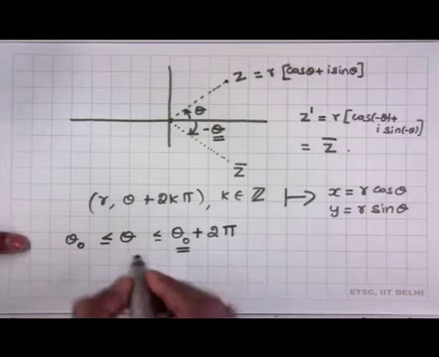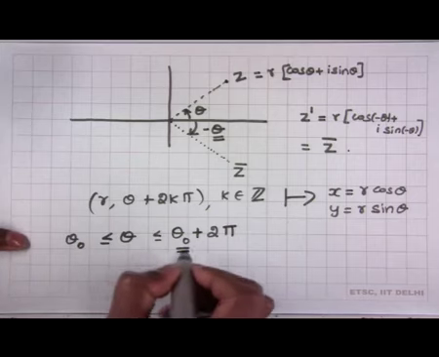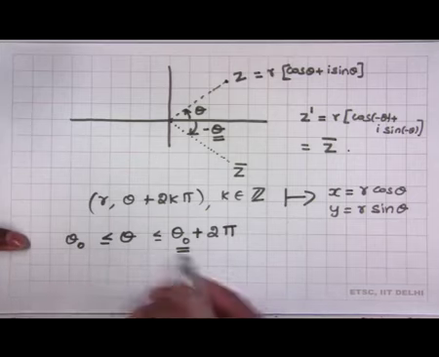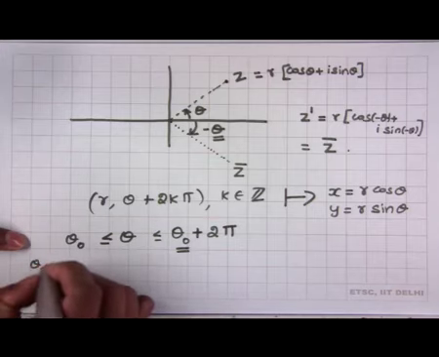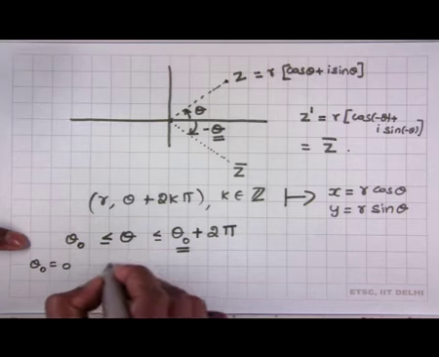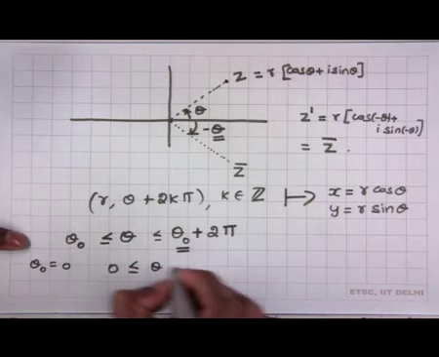So, the conventional one is you consider theta naught as 0, which we get as 0 to 2 pi.